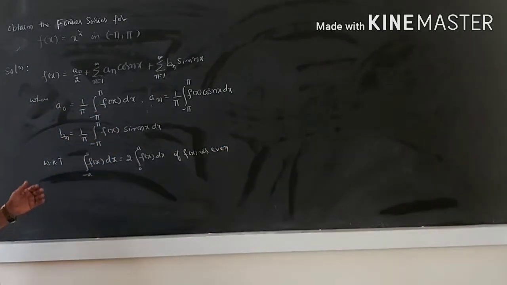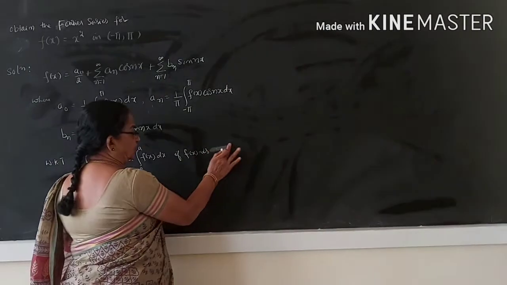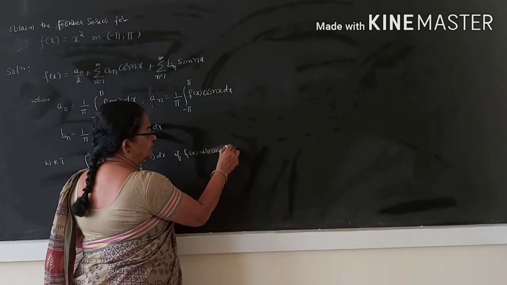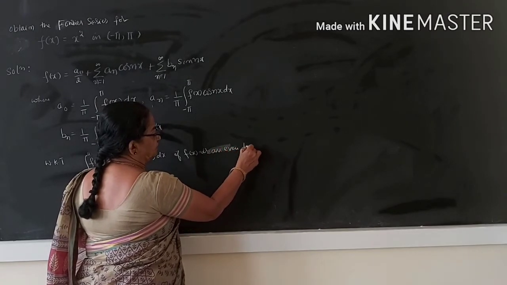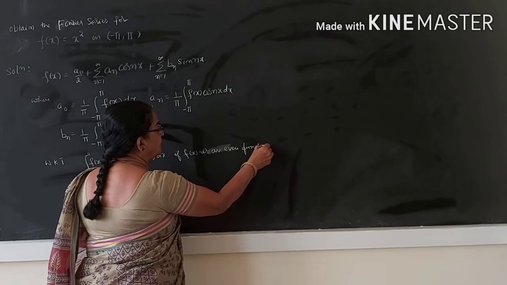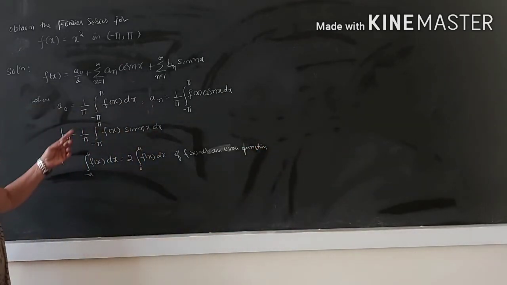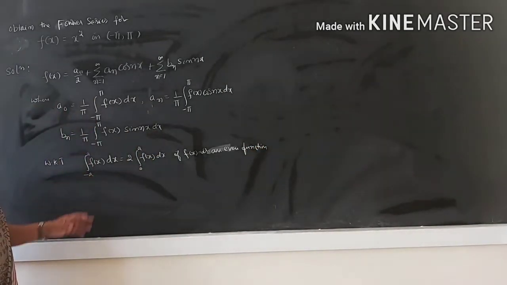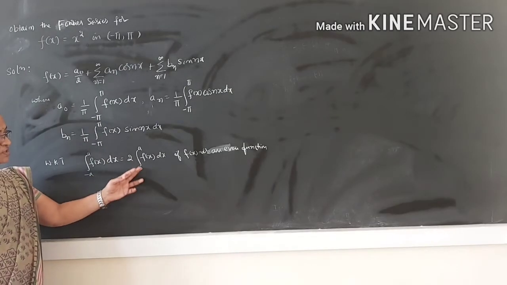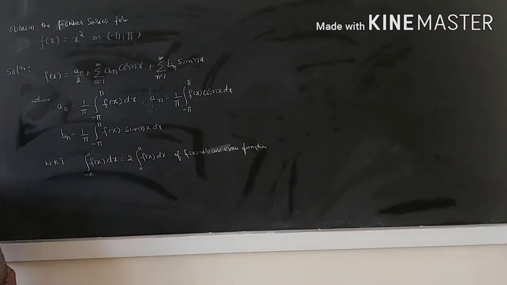What is even? If f of x is an even function. Now, instead of integrating between minus a to a, it will reduce to 2 times the integral 0 to a of f of x into dx if it is an even function. I know that one.